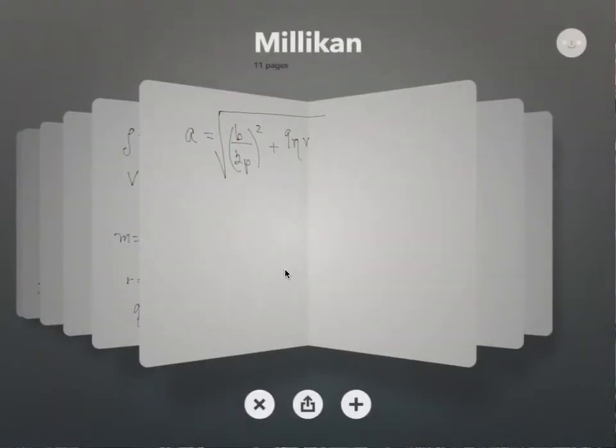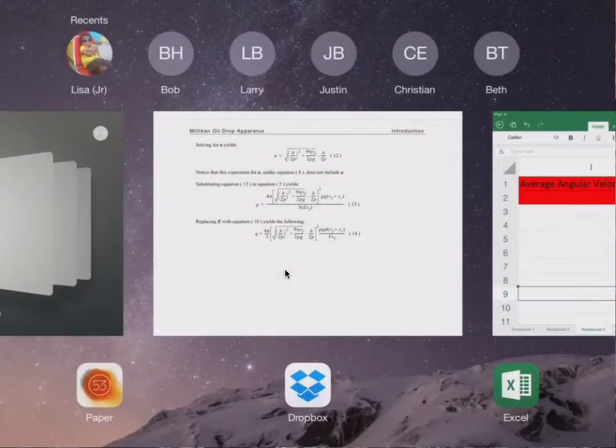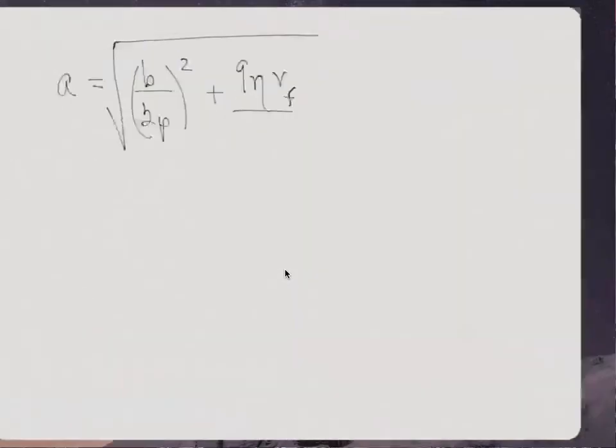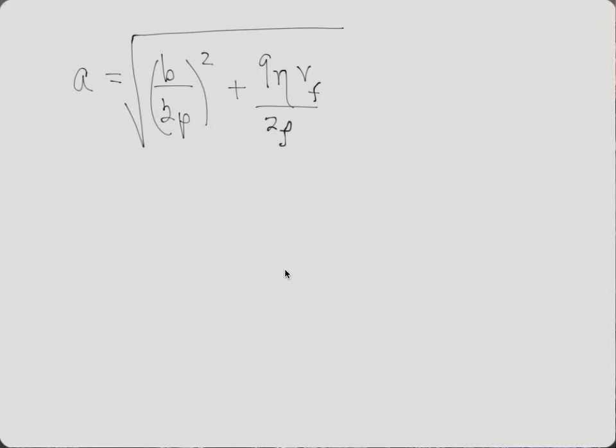A is equal to the square root of B over 2P, squared, and P is the atmospheric pressure, plus 9 times the viscosity, which is eta, times the fall velocity, over 2 times rho times G, close this, minus B over 2P. We're going to be using this.